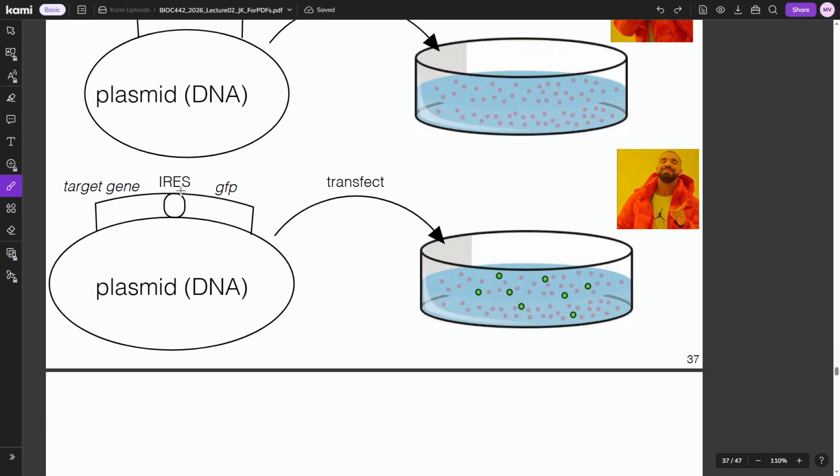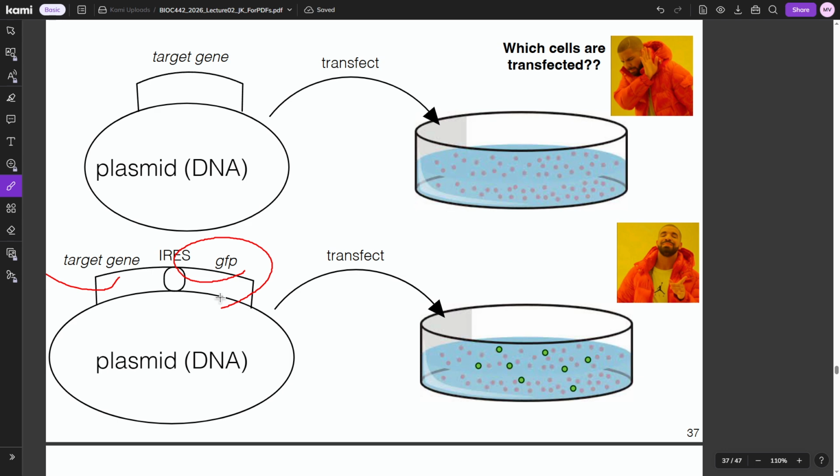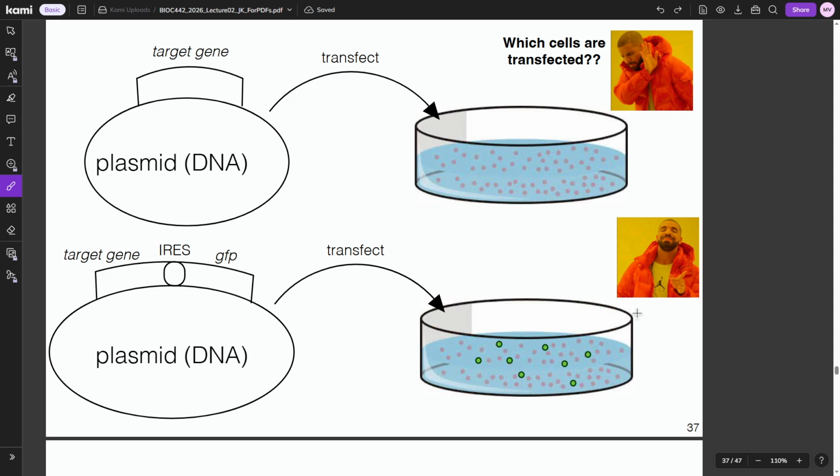However, if you input the target gene and you input a GFP with the IRES, now you do know for sure which cells got the plasmid, because both of these genes are present within your cell, and it's definitely going to express the GFP, because the GFP is attached to an IRES. So now it's going to start glowing when it is transfected with this plasmid, and you can see that here. Now you can tell which cells have the plasmid that you're interested in.